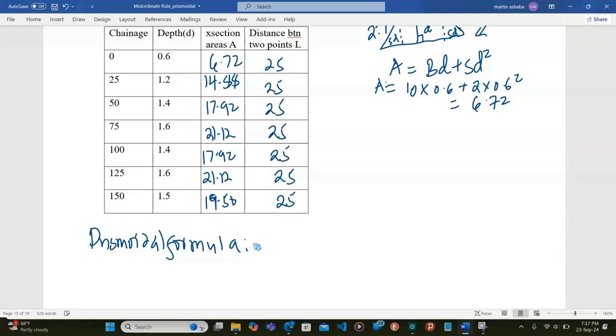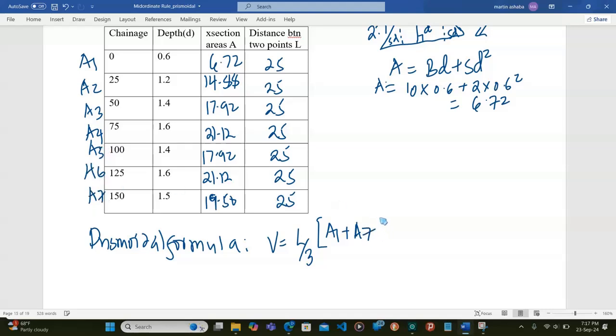Now to calculate the volume, the Prismoidal formula is giving us V equal to L over 3. Remember, the distance between each of the 2 points is L. So here we shall be having A1, A2, A3, A4, A5, A6 up to A7.